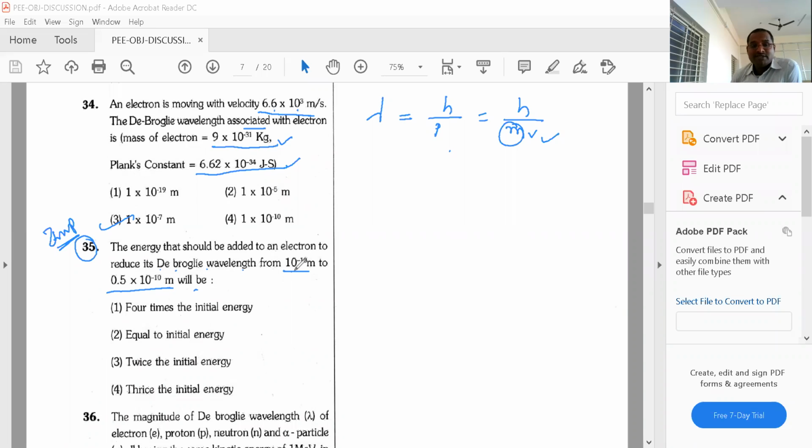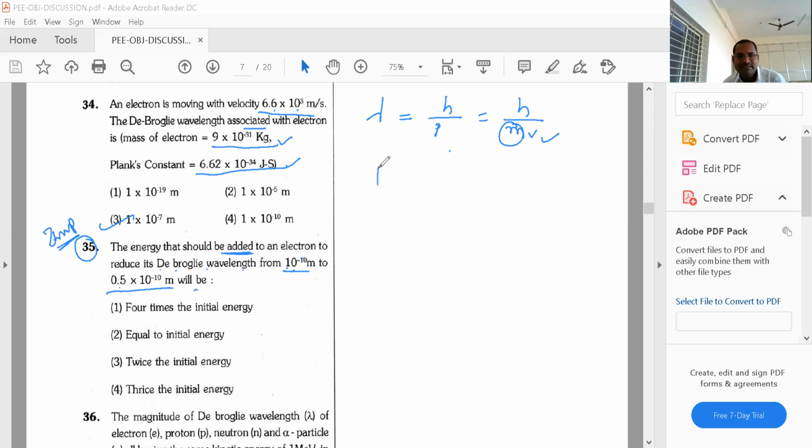De Broglie wavelength has to reduce from 10 to the power of minus 10 to 0.5 into 10 to the power of minus 10 meters. For that, how much energy do we need to add? They are asking how much we should add. They are not asking what the final energy is. How much we should add, they are asking. Okay, so see here.